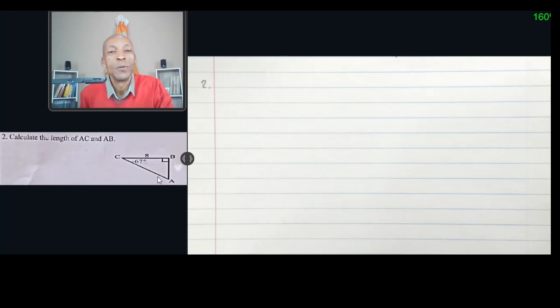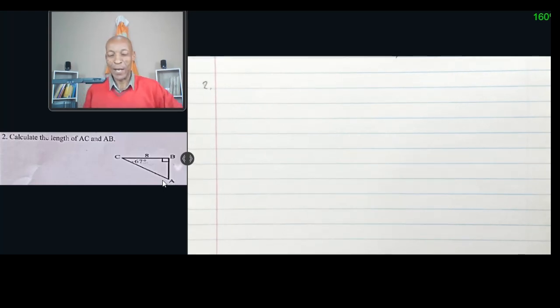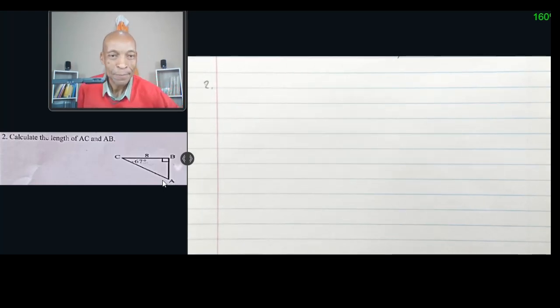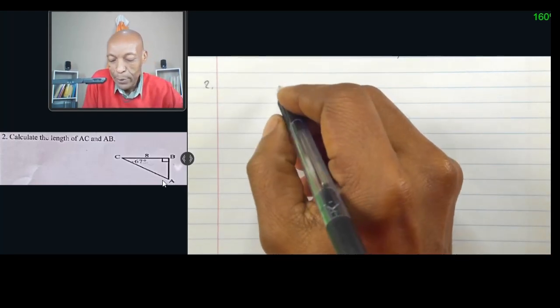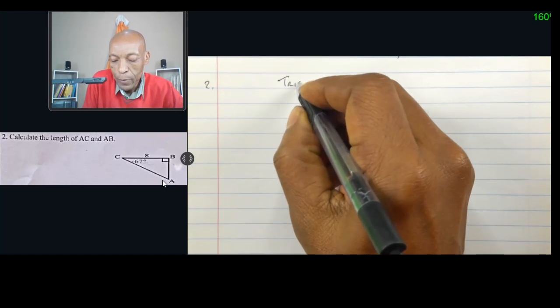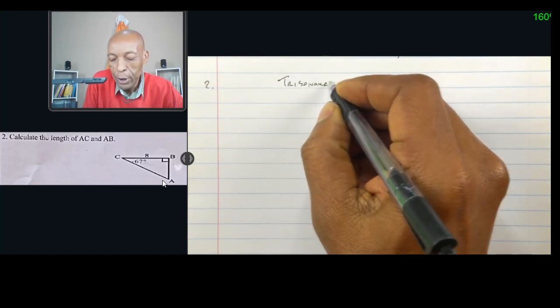So, what are we going to do here? We still have that triangle. It is a right angle triangle. Can we use Pythagoras there? No, we can't use Pythagoras because we are using trigonometry principles. So we use our trigonometric ratios.